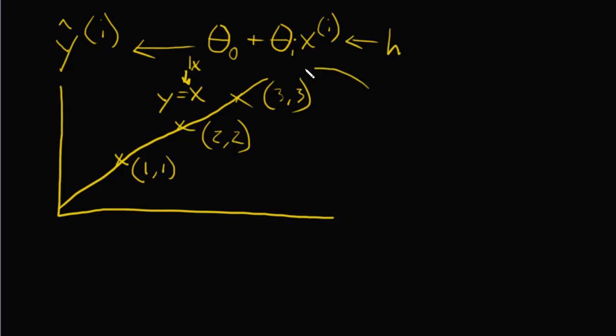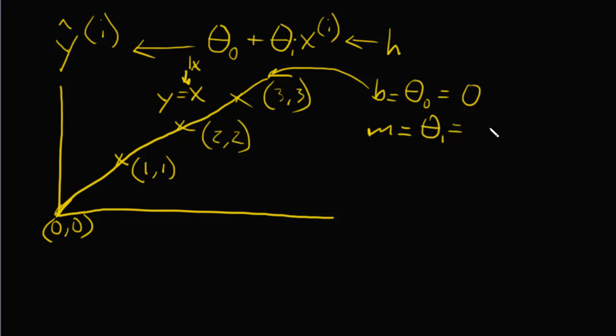So for this line right here, I'm going to have my b, or my theta 0, equal to 0, because it's passing through the origin. This is (0, 0), the origin. And my m, or my theta 1, that is equal to 1. This is the line I know will give me the absolute best fit through these 3 simple data points. Okay? But we are going to assume that we don't know that, and we're going to let an algorithm figure it out for us.